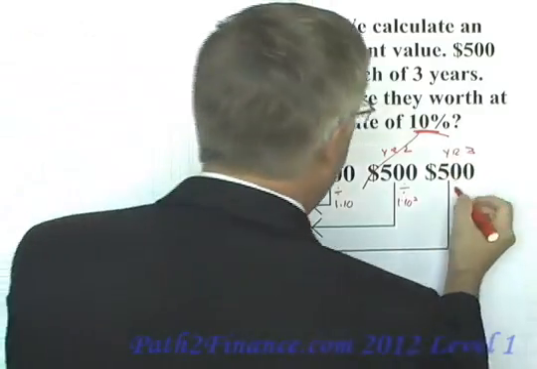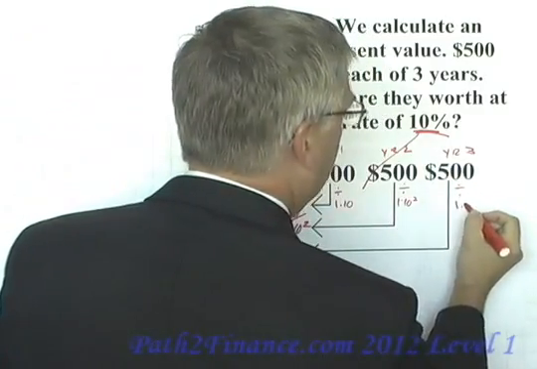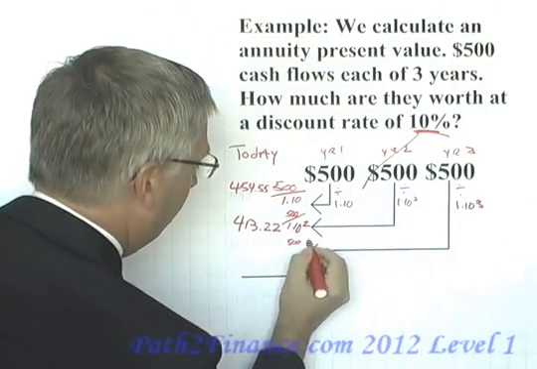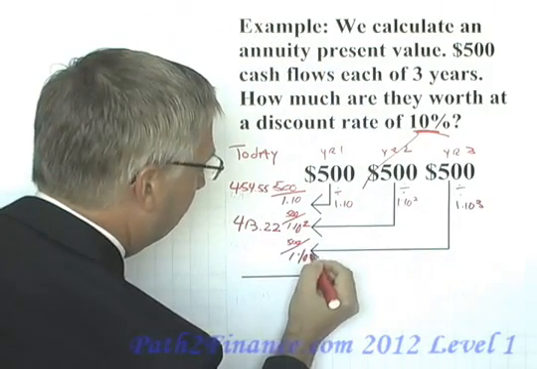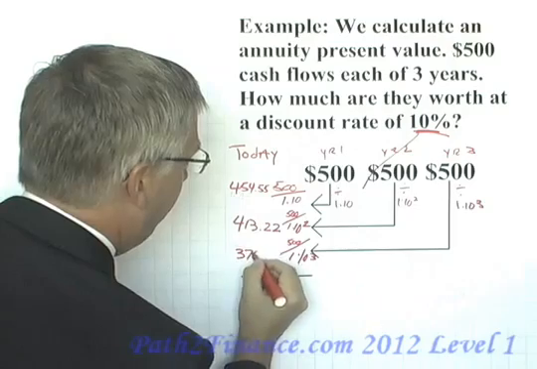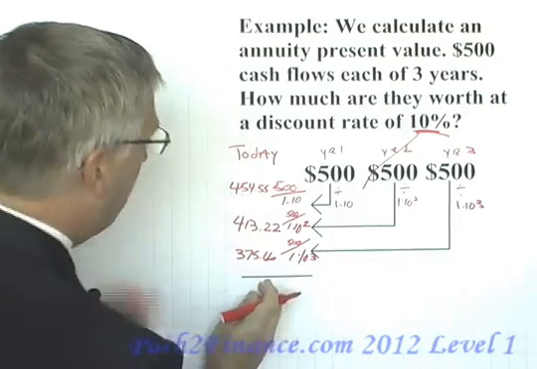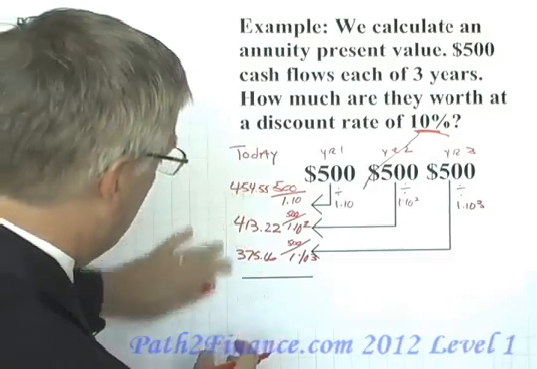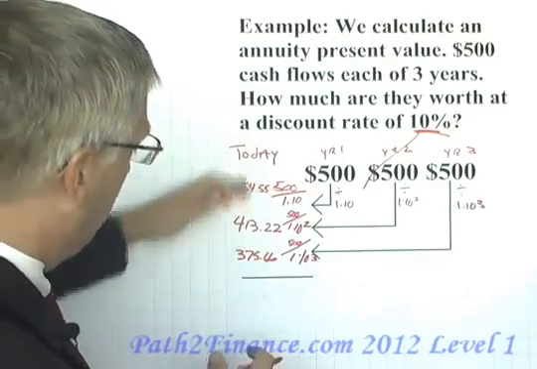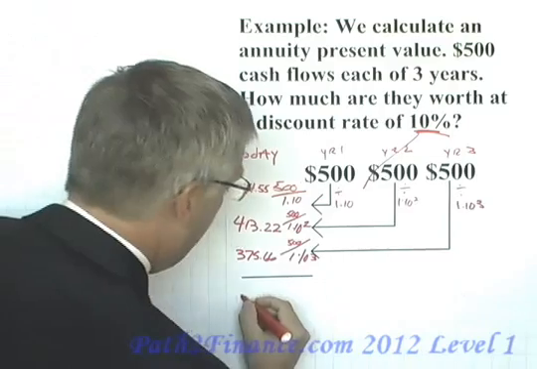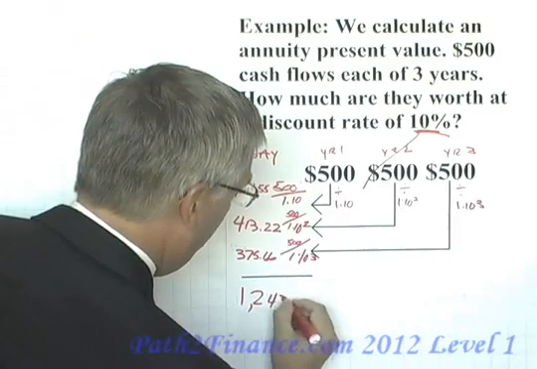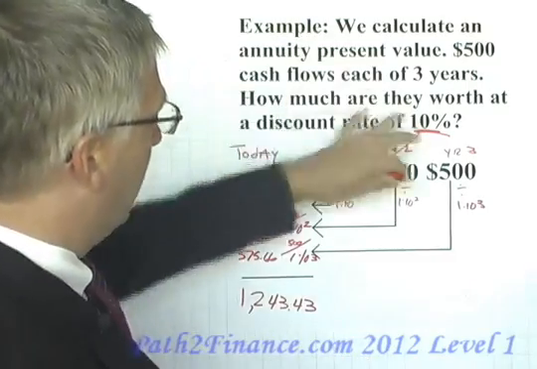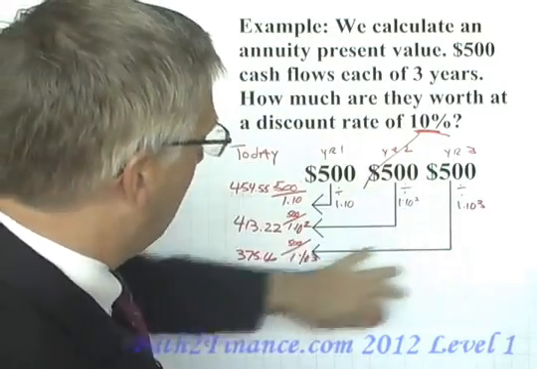And then in year 3, same, just continuing on to the power of 3, is 375.66. And you notice how as time goes out, the amounts valued today are less and less, which makes sense when you think about the time value of money. The sum of those three numbers is 1243.43. Okay? So that's a simple way of doing it individually.